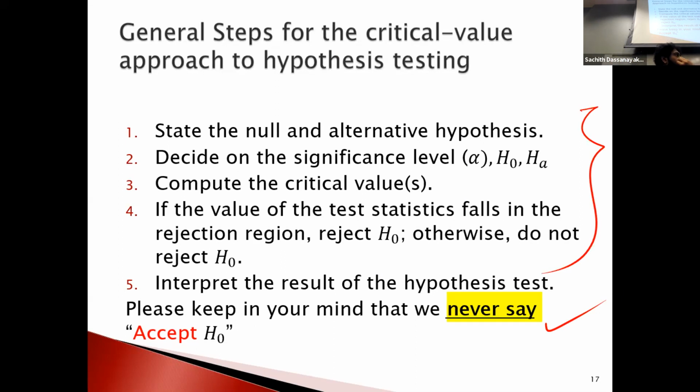But the last one, please keep that in your mind. Whenever you say that we accept H naught or we accept HA, it's going to be totally wrong. Definitely it's wrong. So please remember that. We don't say accept, we say do not reject H naught, something like that. Right, clear?